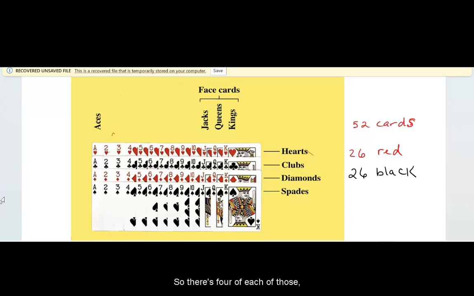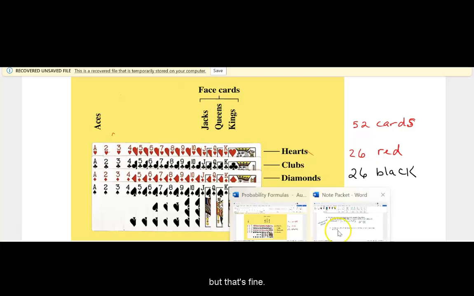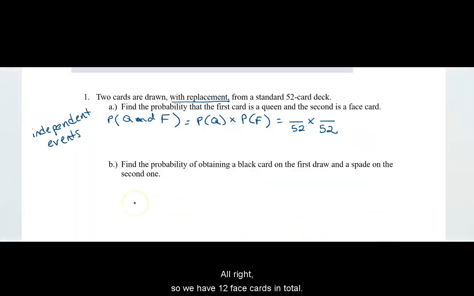There are 4 of each of those, which means we have 12 face cards. I just realized I worked the second one first, but that's fine. So we have 12 face cards in total: 4 jacks, 4 queens, 4 kings.